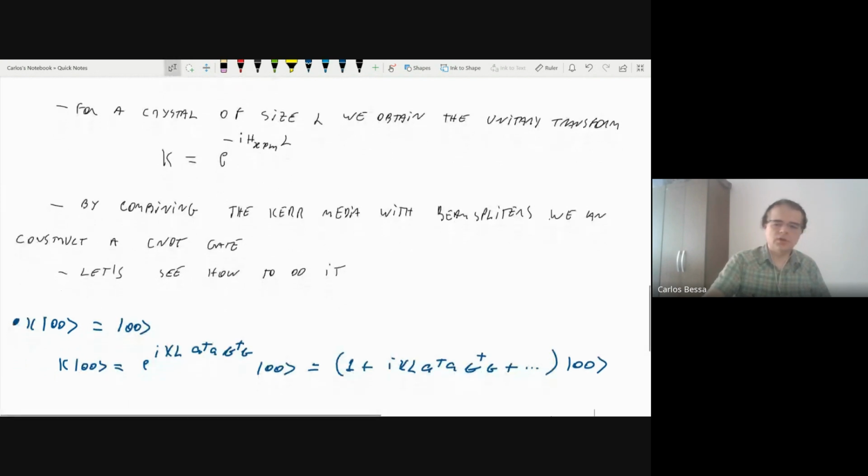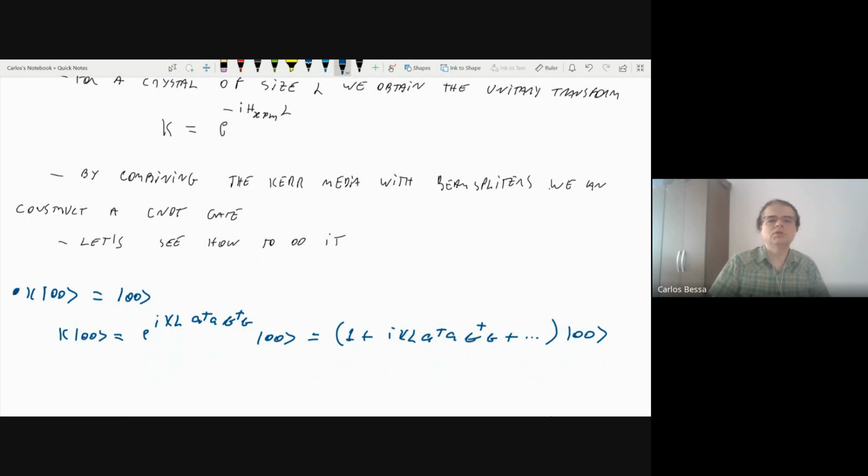In the convention that Nielsen-Chuang use, remember, this is the mode A, and this is the mode B. So this operator is applied to this one, and a applied to the second one.